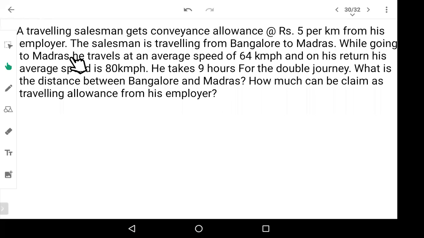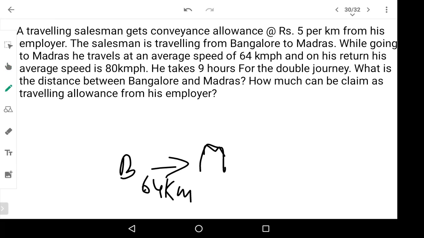While going to Madras, he travels at an average speed of 64 kilometer per hour. They've not given if it's a two-wheeler or four-wheeler or anything. They've just given the information that from Bangalore to Madras, his average speed is 64 kilometer per hour.